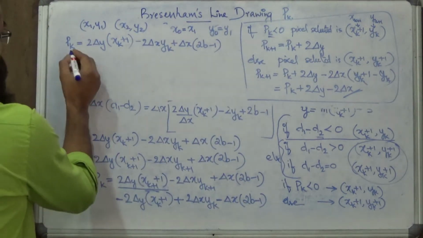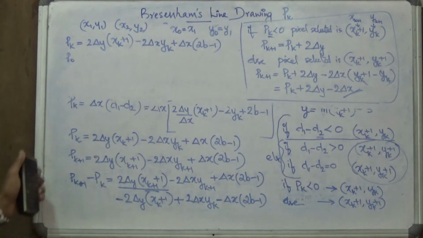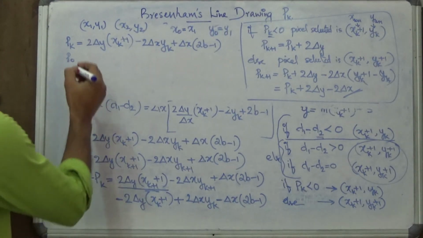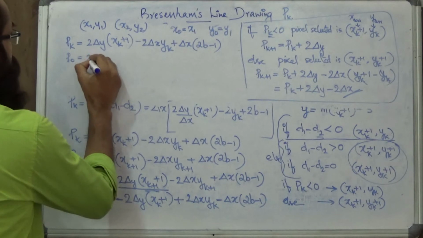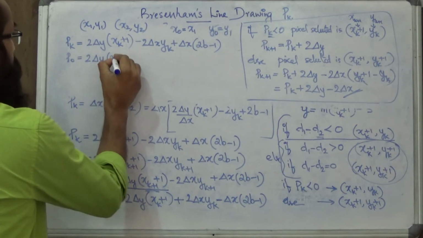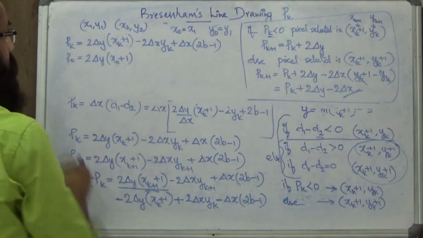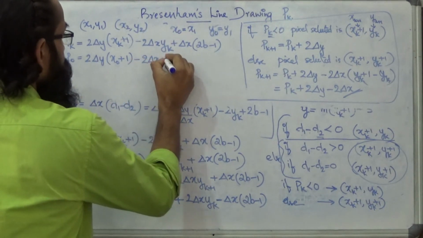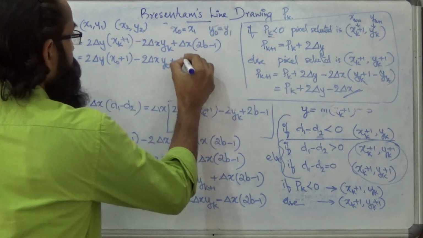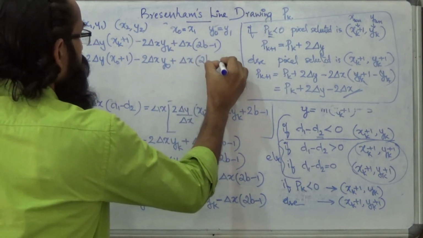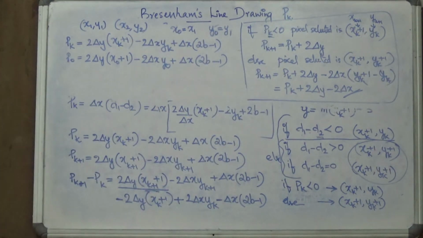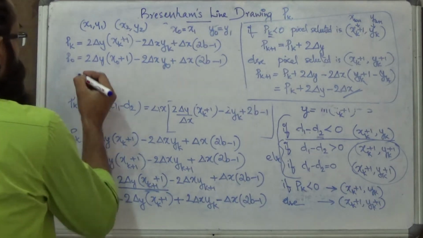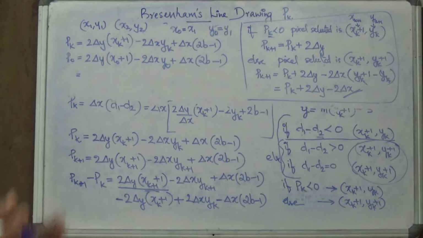Okay. Now what is P0? P0 from this equation, replace k with 0. So you will be getting P0 equal to 2 delta y x0 plus 1 minus 2 delta x y0 plus delta x into 2b minus 1. So let me take delta x outside.